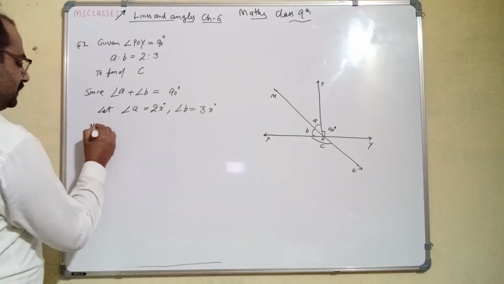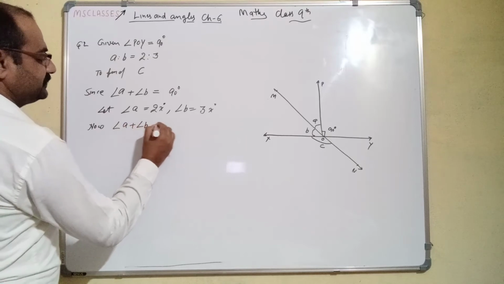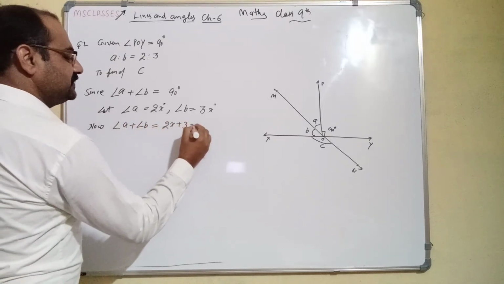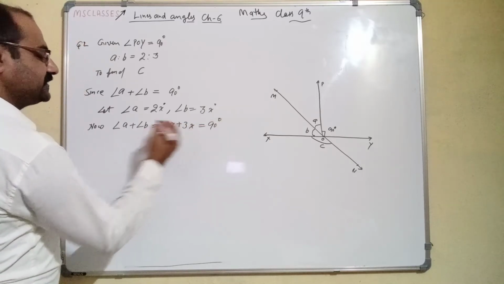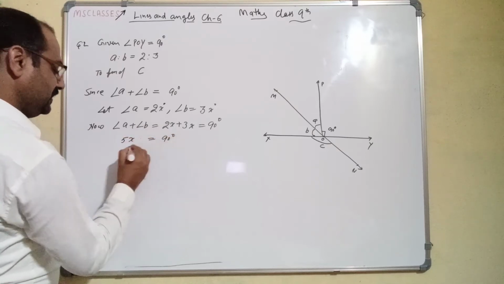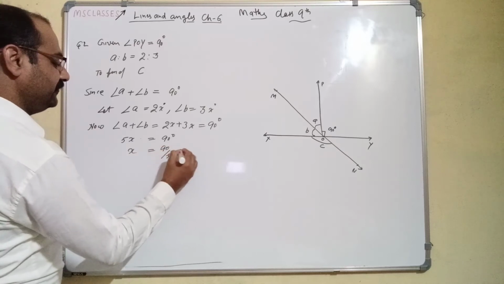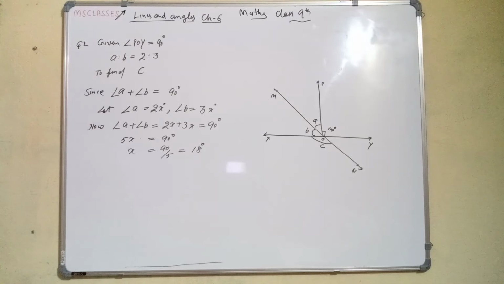Now angle A plus angle B is equal to 2x plus 3x is equal to 90 degree. So 2x plus 3x is equal to 5x is equal to 90 degree, and x is equal to 90 upon 5. This is equal to 18 degree. 18 fives are 90.